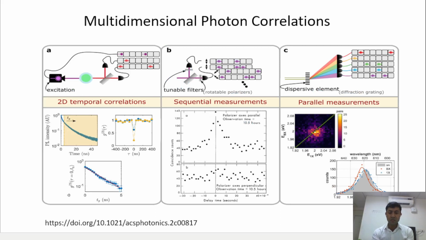and the next one is about multidimensional photon correlations. So photons are correlated across time delay in their arrival times, and here an additional property, the delay between excitation and photon arrival time, is also measured.